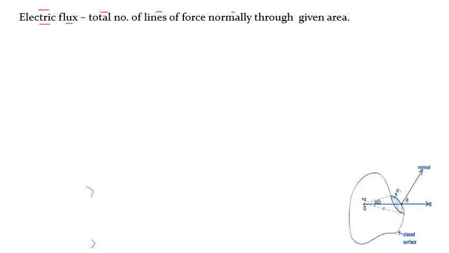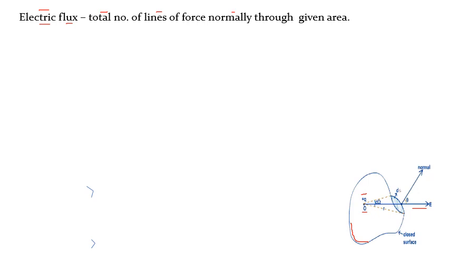For this purpose, consider this is one body, shape and size is as shown. At this particular position O, plus Q charge is kept. Now since charge is positive, electric intensity or force is in this direction, away from the charge.